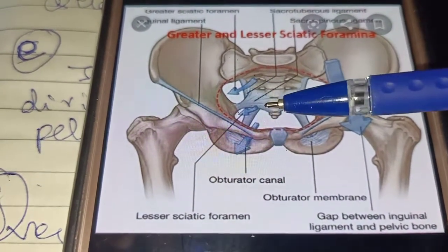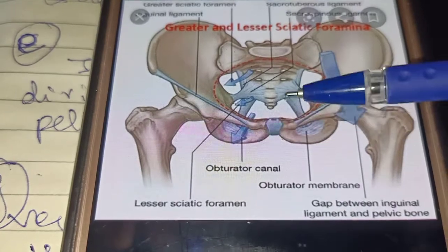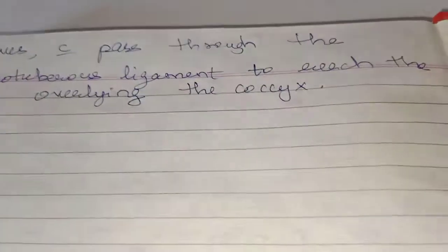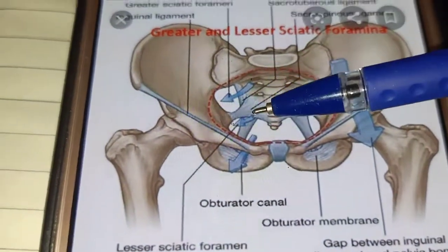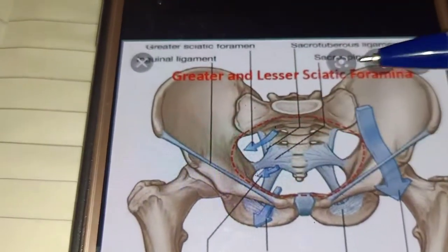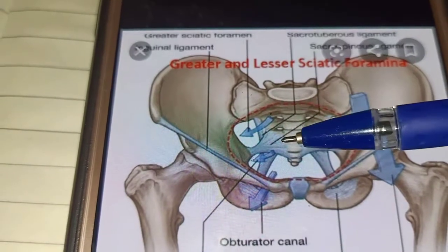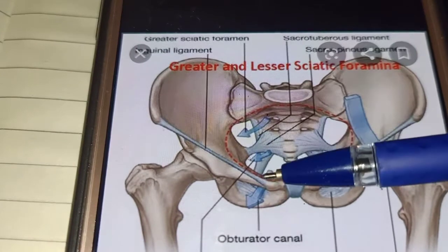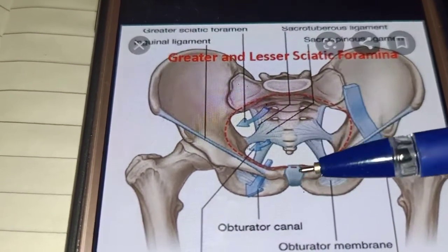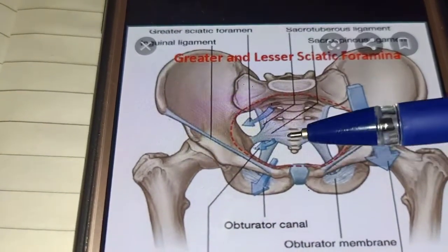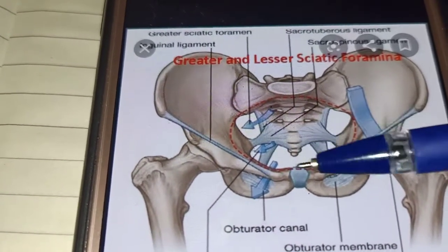Now this plexus gives anococcygeal nerves, and these nerves pass through the sacrotuberous ligament. This is the sacrotuberous ligament, and the nerves will reach the skin overlying the tip of the coccyx.